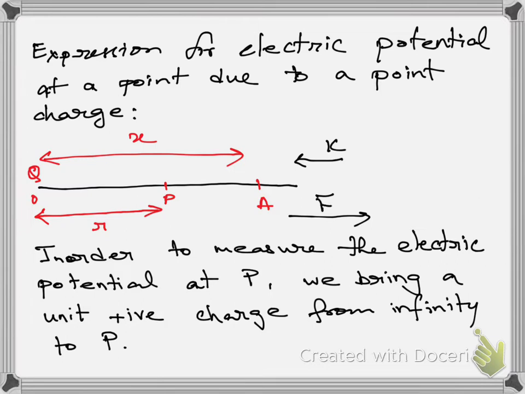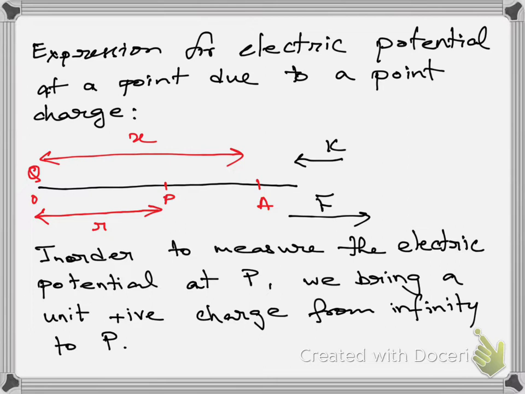That means as the unit positive charge moves towards the point P, work is required to be done continuously against the electrostatic force of repulsion between the two charges.